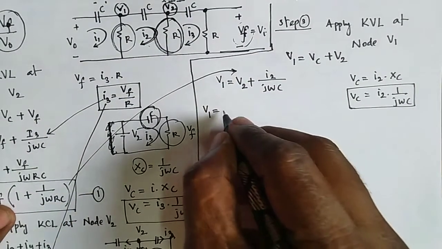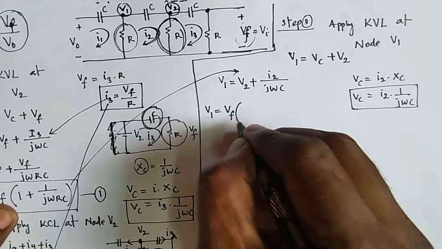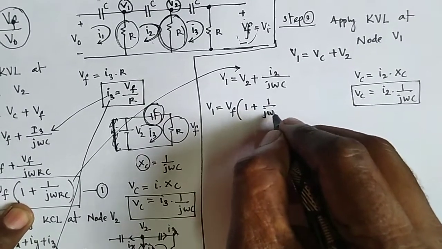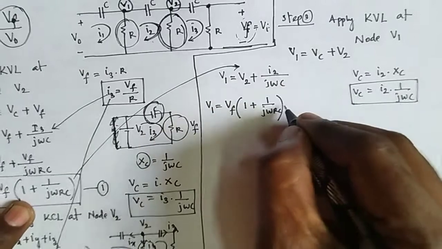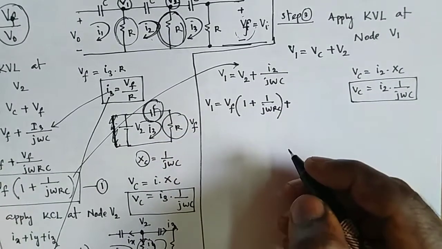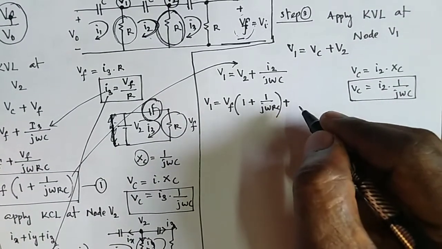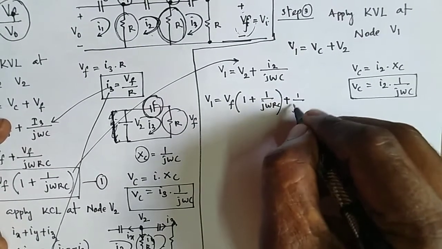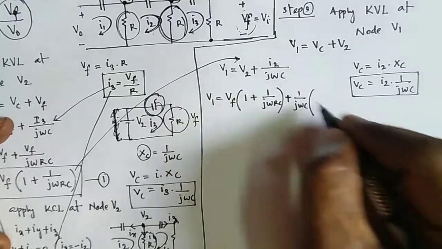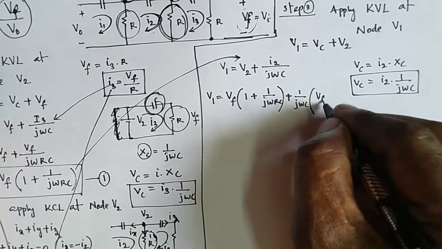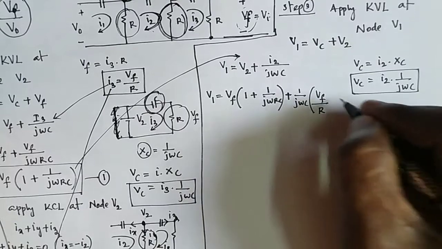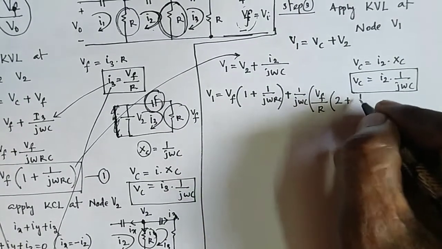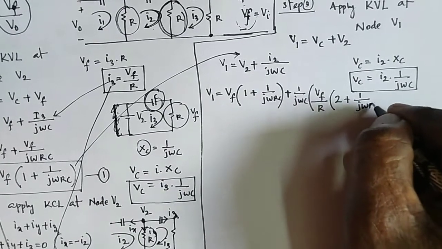V2 is equal to Vf into 1 plus 1 by j omega RC. Next, 1 by j omega C is common, and the I2 value is Vf by R into 2 plus 1 by j omega RC.